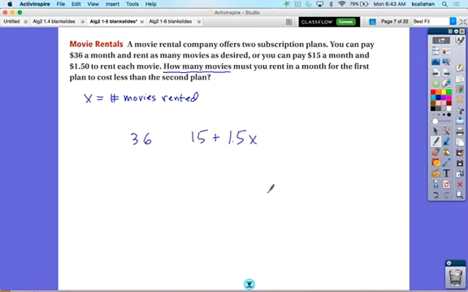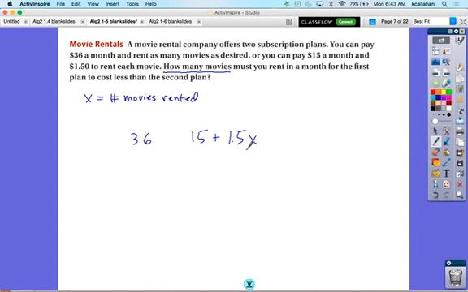So obviously, if you don't rent any movies, it already costs you $15, and that makes the first plan more expensive. But the more movies you rent, this number is going to get bigger. And eventually, the 36 will be less than this expression on the right.